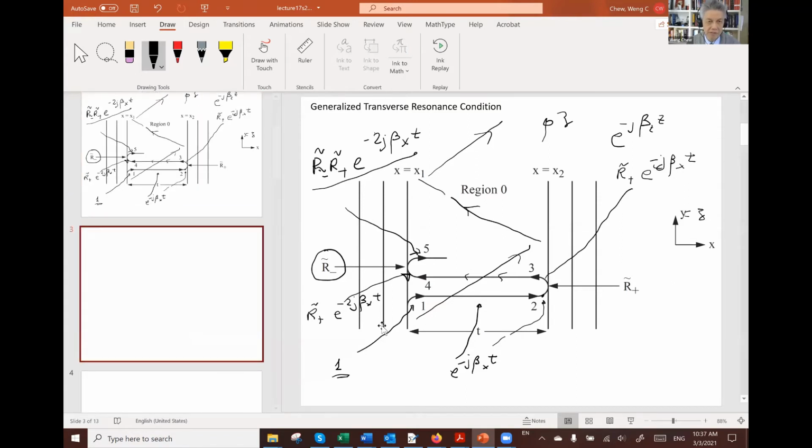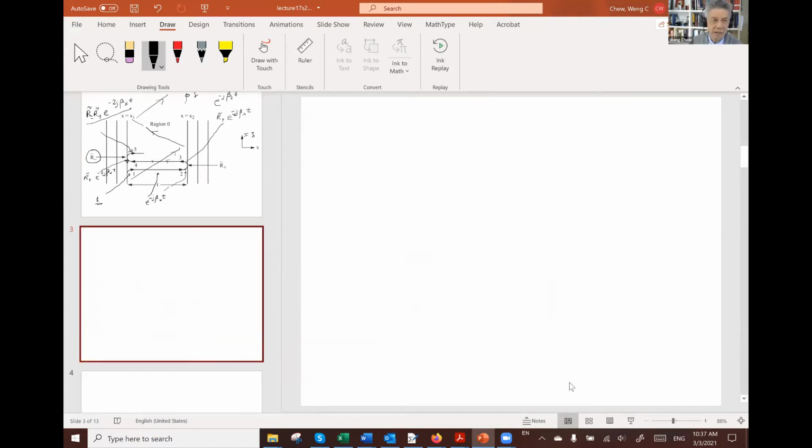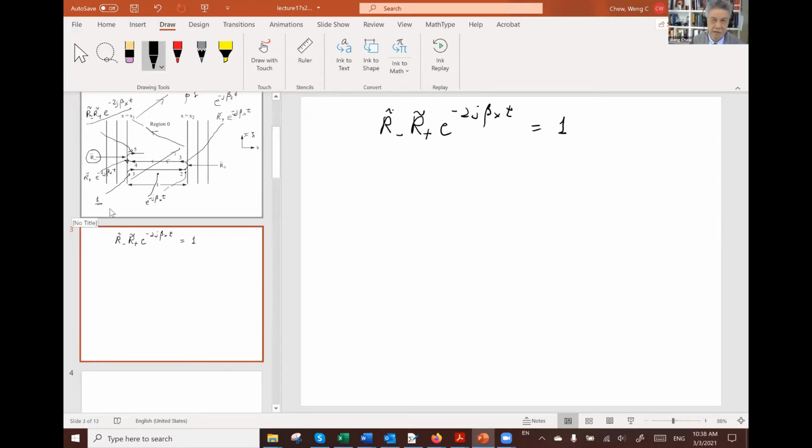And we have the condition that R minus tilde R plus tilde e to the minus 2j beta xt must be itself again, the original phase at the original location.